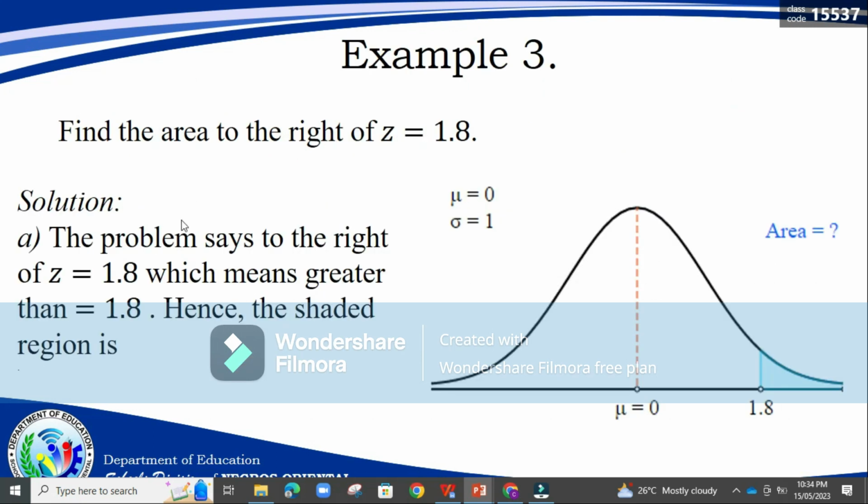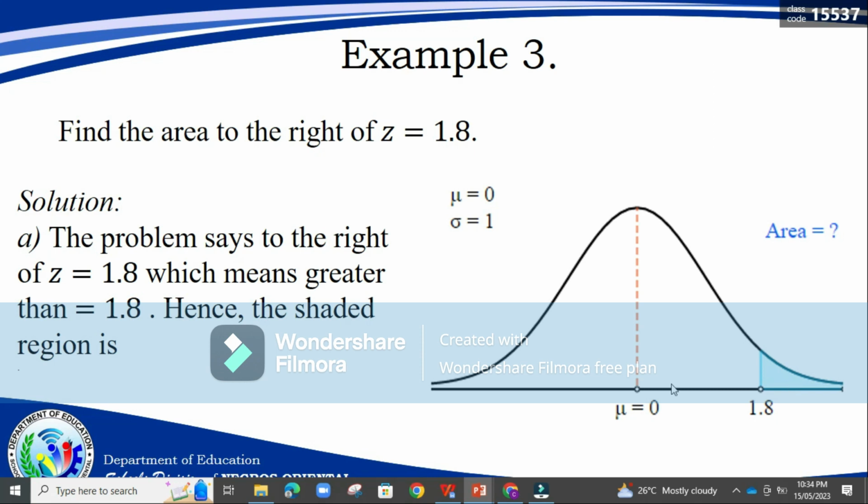Remember again, our mean is 0 and our standard deviation is 1. So we have this graph, and then of course we are going to estimate where 1.8 is located. 1.8 is located here. And since we are asked to find the area to the right of Z is equal to 1.8, the shaded region would be this part.